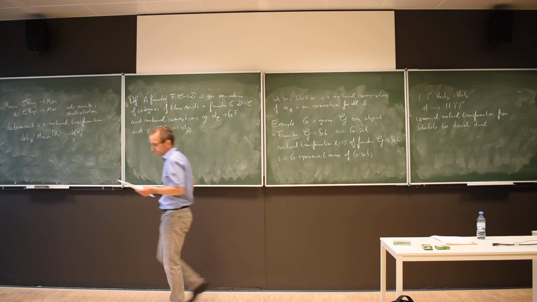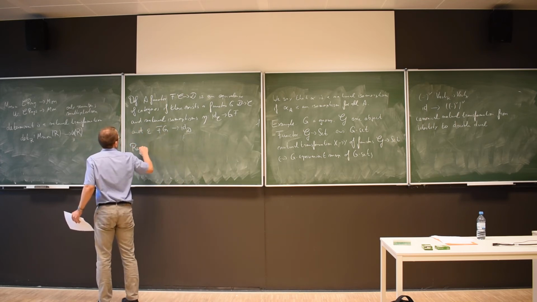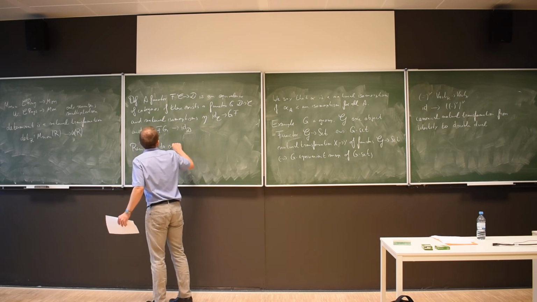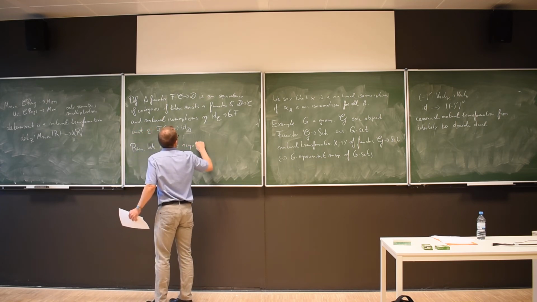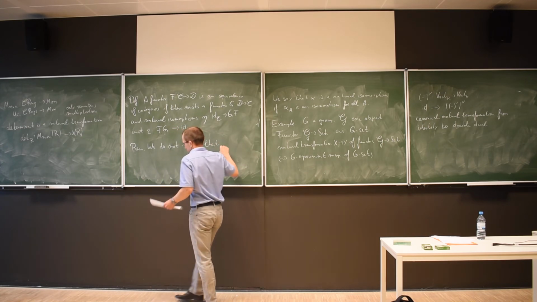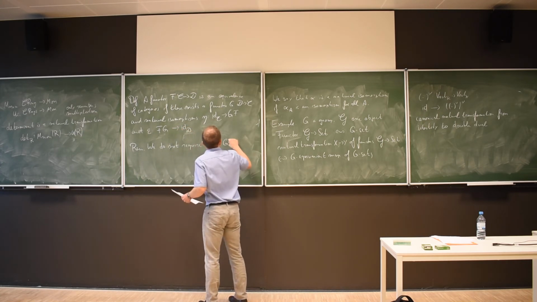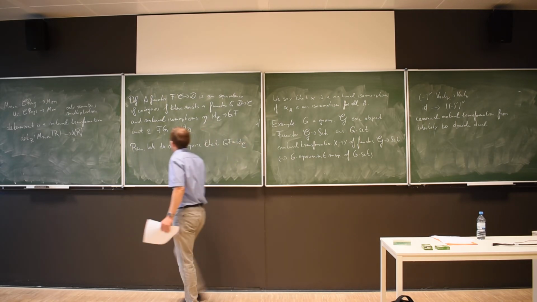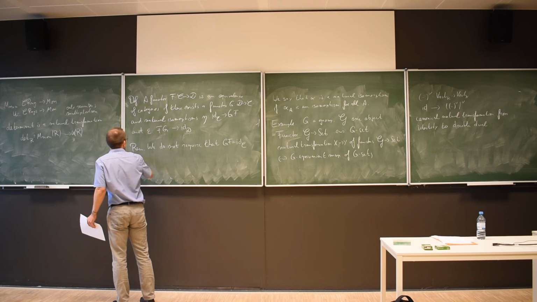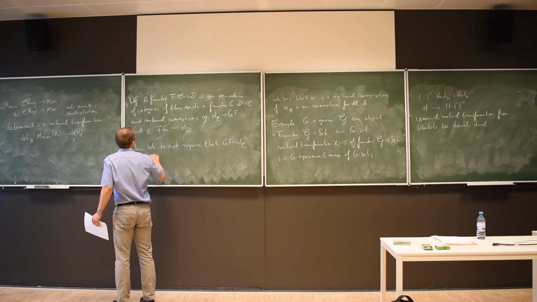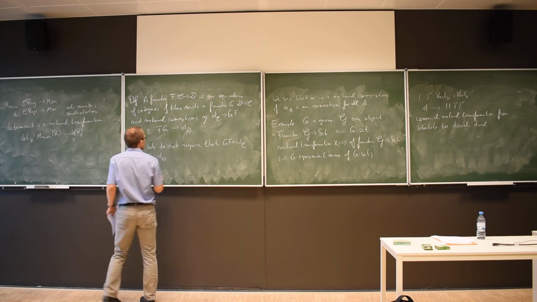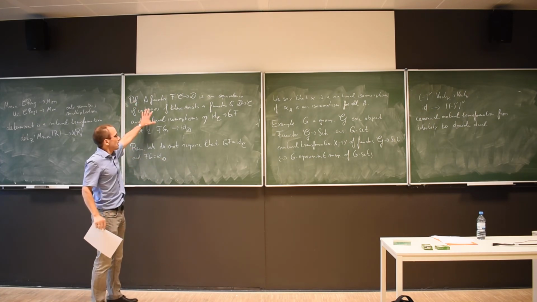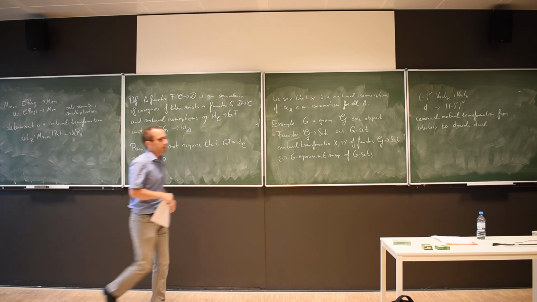And as I already said in words, we intentionally do not require that GF equals the identity on C and that the other composite FG equals the identity of D. So we only make this weaker requirement here.